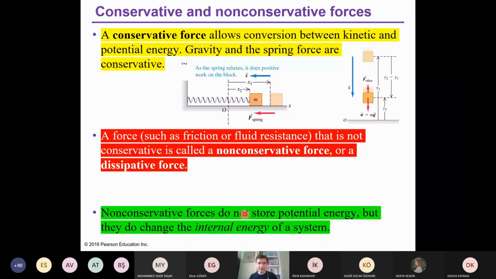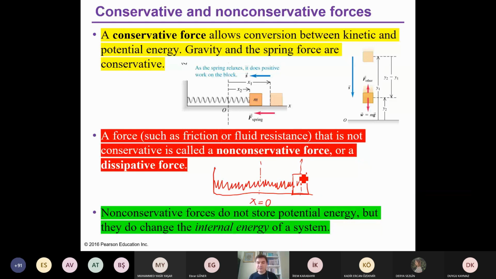Let's consider the same spring and also mass here, and let's consider that this is the equilibrium condition. X is equal to 0, okay? And let's consider that this is at rest.